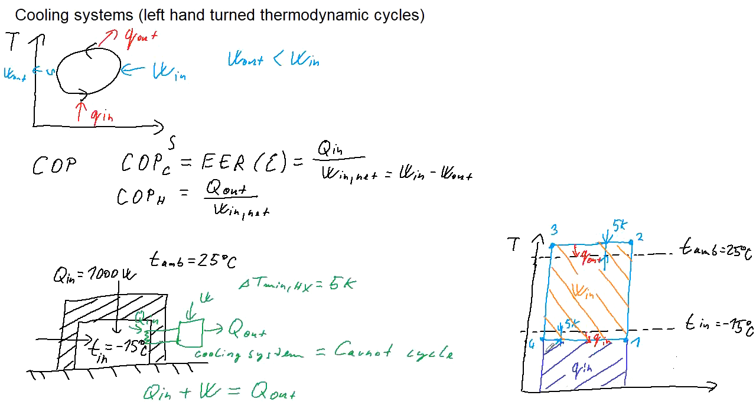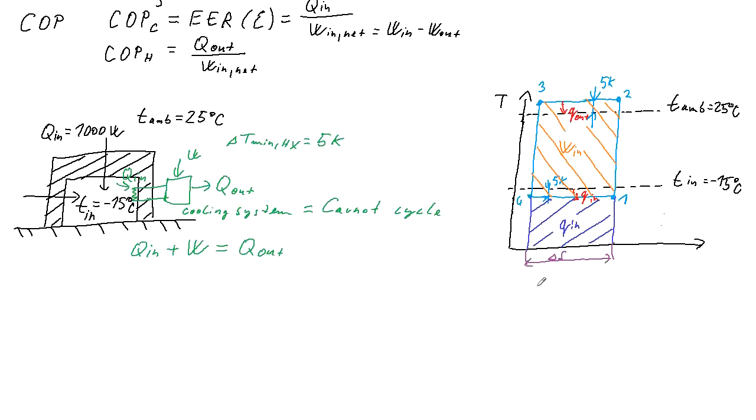all around this. So now here in this Carnot cycle we have this area to be delta S, some change in the entropy, and we can write that the heat input per kilogram of the working fluid would be temperature, let's say temperature 1 or temperature 4, times the change in the entropy.